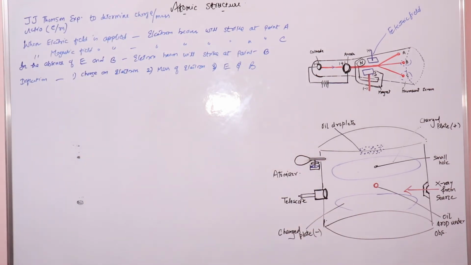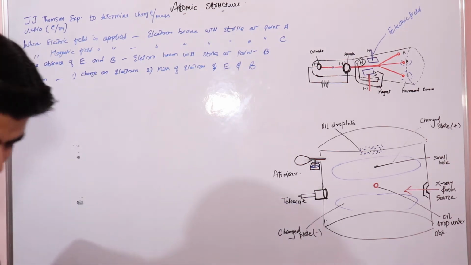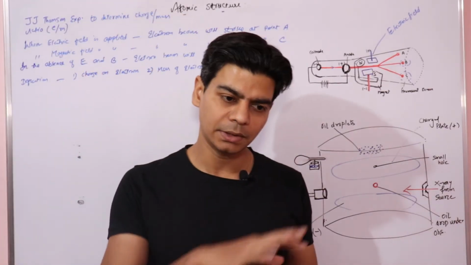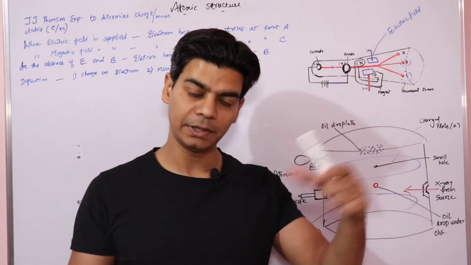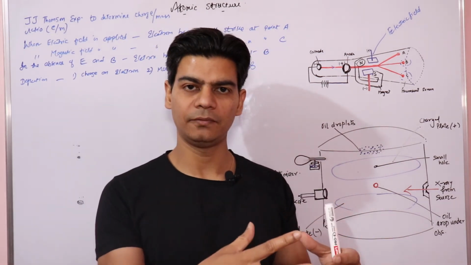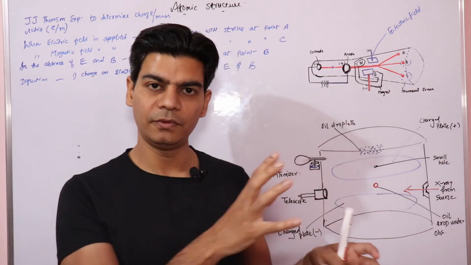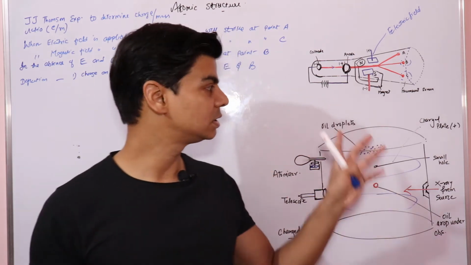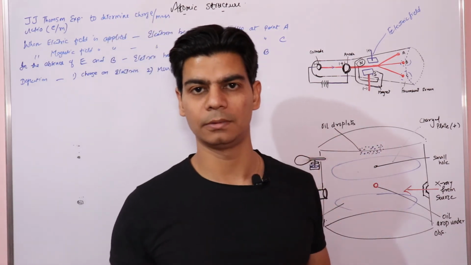Now since we know that electric field and magnetic field deflect the beam of electrons, these negatively charged particles, in equal and opposite direction, we are familiar with one thing: when a charged particle enters a magnetic field, the magnetic field will exert a force on the charged particle, and the charged particle, in this case the electron, will start moving in a circular form.